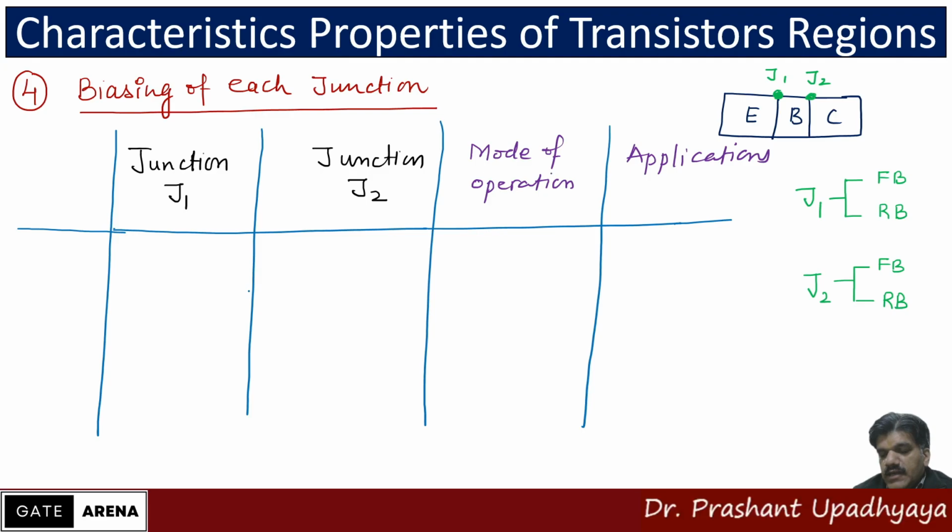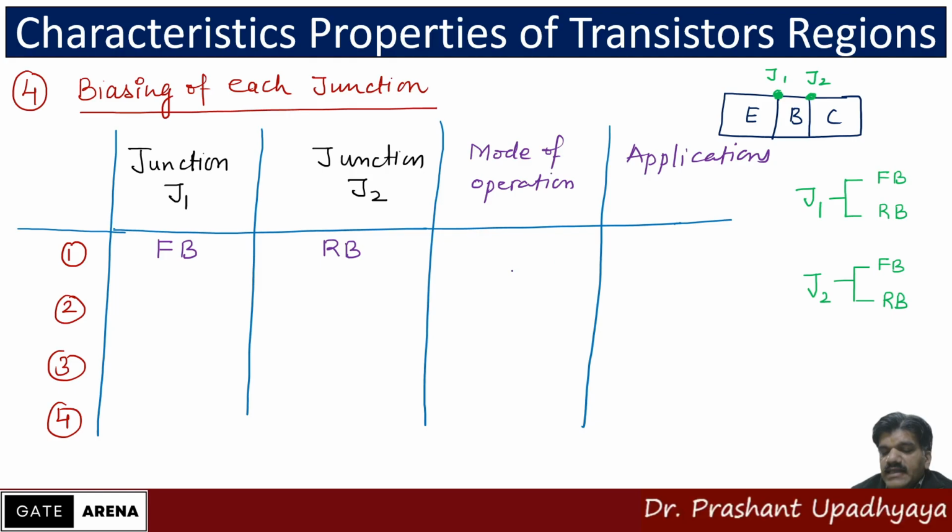So we can have four combinations of this. I'm writing here number one, two, three, and four. Let me talk about the first one. Junction J1 is forward biased and junction J2 is reverse biased.